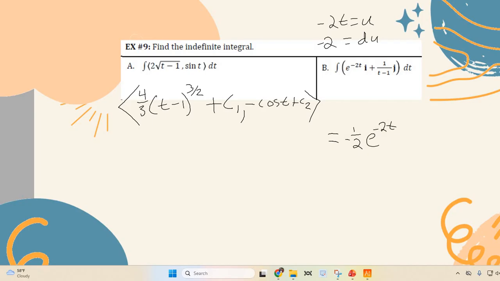Since they gave it to us in component form, I'm going to leave it in component form, so I'm going to put an i there. Plus c1 times i, then j. What is our antiderivative of 1 over t minus 1?